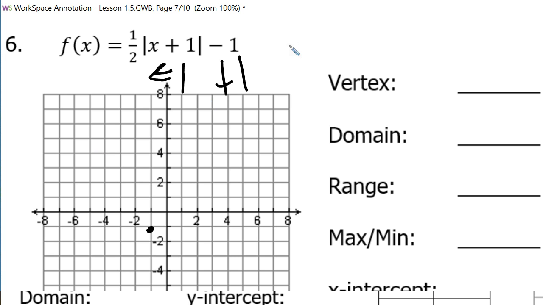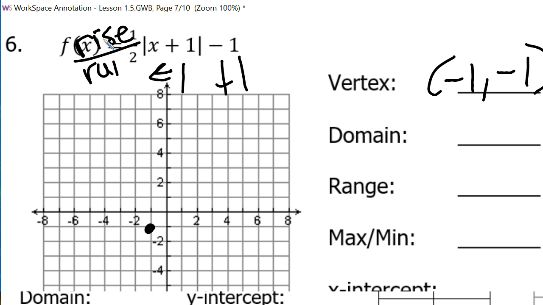So your vertex should have been at -1, -1. Use your A value to get the other points. Your A value tells you the rise and the run. So we need to rise 1, run 2. So that means we need to go up 1 over 2, up 1 over 2, up 1 over 2. It makes your point.